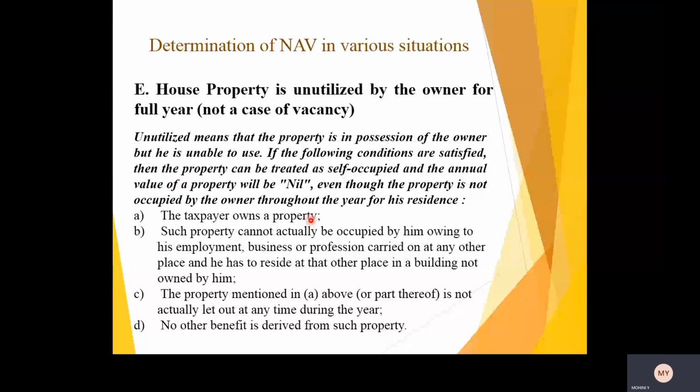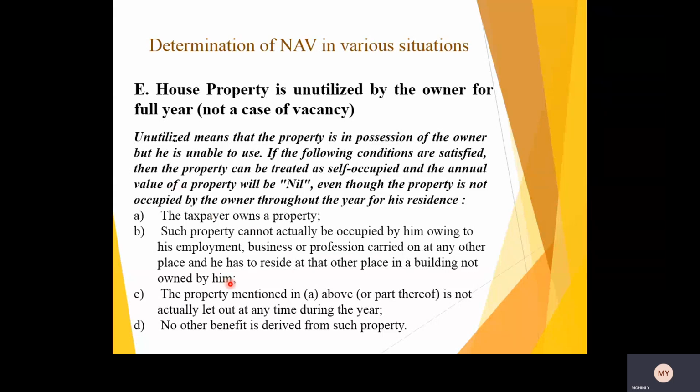What are the conditions? First, the taxpayer owns a property. He is the owner of the property. Such property cannot actually be occupied by him owing to his employment, business, or profession carried on at any other place, and he has to reside at that other place in a building not owned by him.